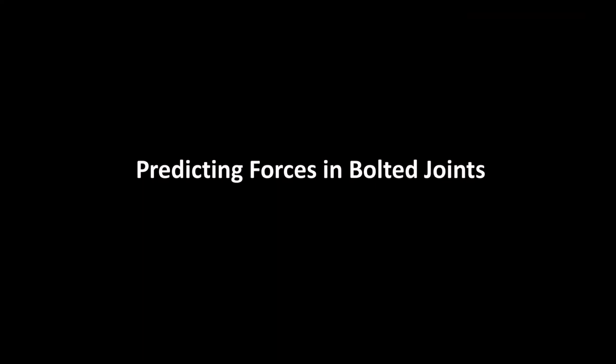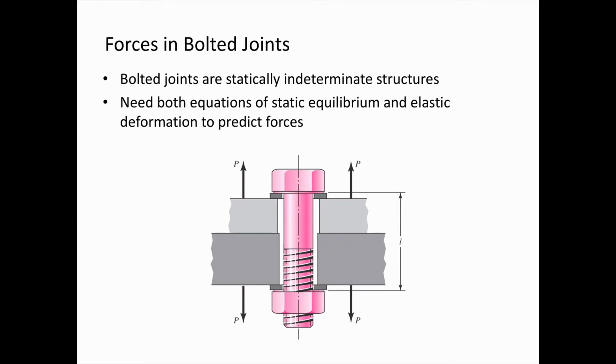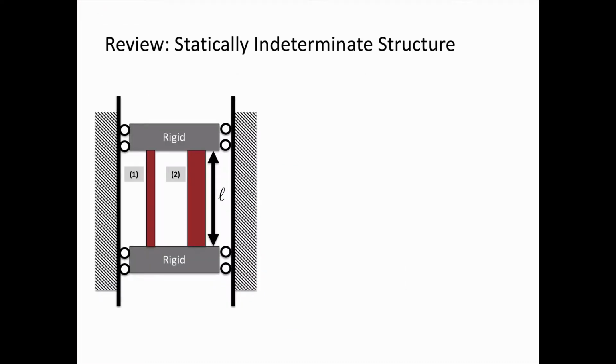Okay, now we're going to go through a section where we learn how to predict the forces in bolted joints. As I mentioned before, these are statically indeterminate structures, so we need both the equations of static equilibrium and elastic deformation to predict forces. Let's have a look at this simplified example. Here we have two rigid bodies on the top and bottom. They're held by rollers, so they're constrained only to move vertically.